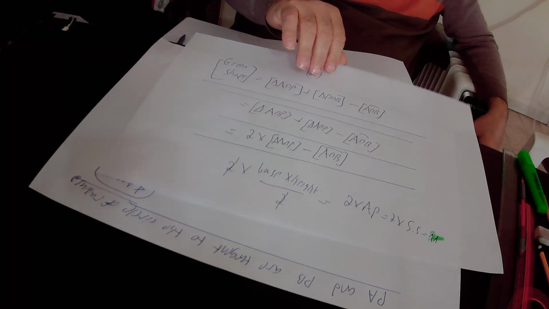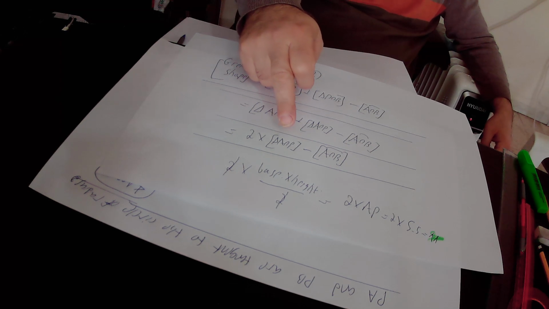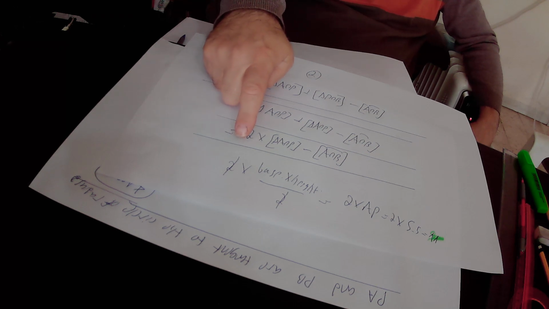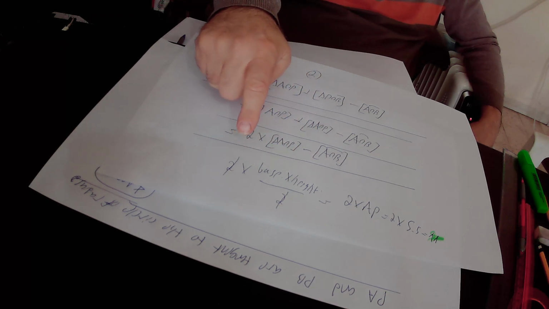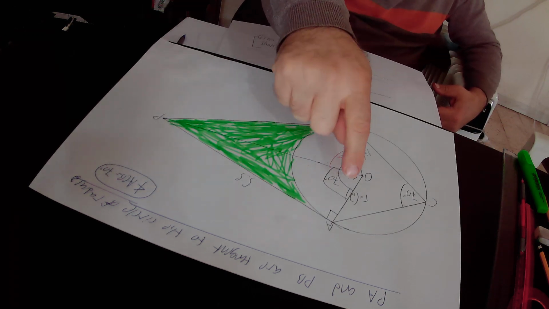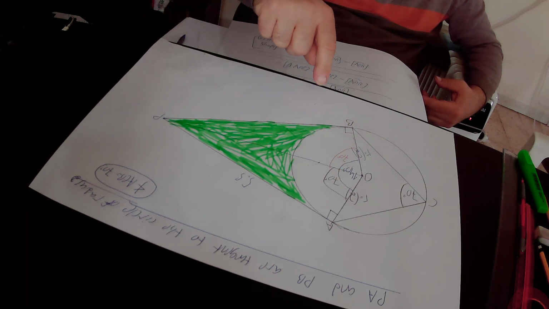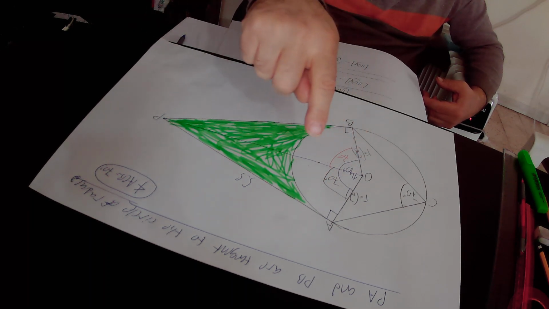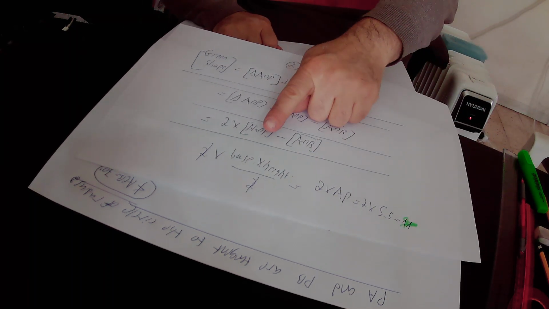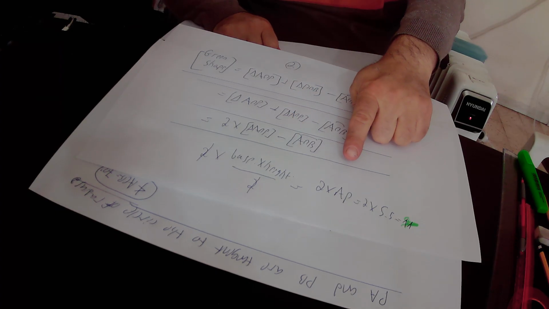So we have to find out the area of triangle AOP. The area of any triangle equals the base times the height to the base over 2. Here we have 2 in the numerator and 2 in the denominator, so the 2s cancel and we are left with only the base times the height. The base of this right triangle AOP is AO, that is 2, and the height is AP.